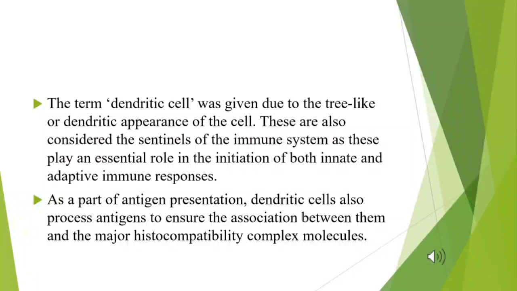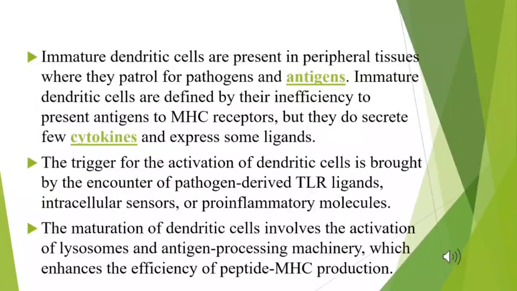As a part of antigen presentation, dendritic cells also process antigen to ensure the association between them and MHC complex molecules. And also, the immature dendritic cells are present in the peripheral tissue where they patrol for pathogen and antigen.